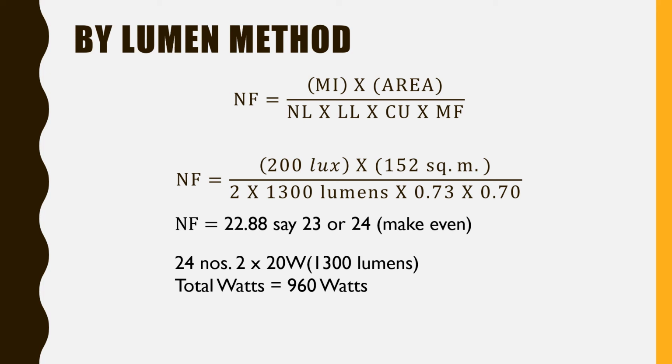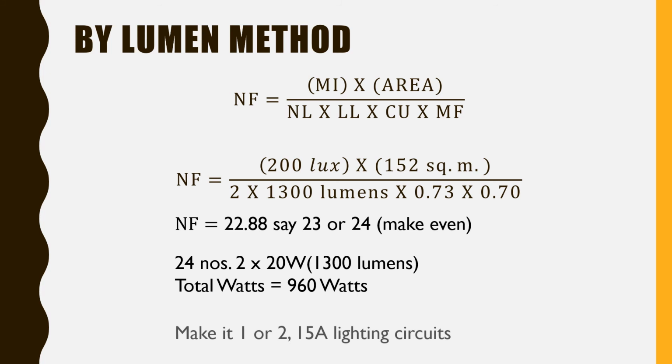But previously, maybe it is more than illuminated or less than illuminated. We don't know, because we just estimated it. But here it is calculated. And see, we have only 960 watts, yet the lumens, or the illumination, is satisfied.